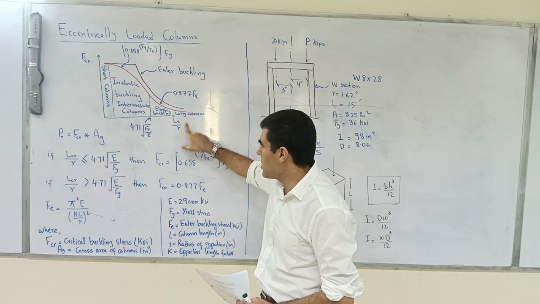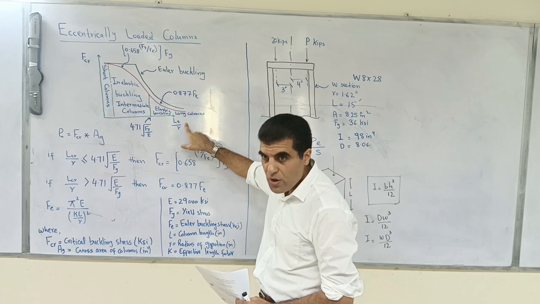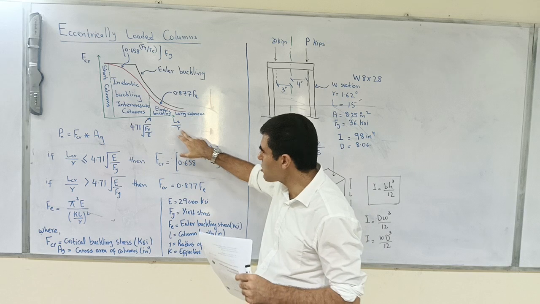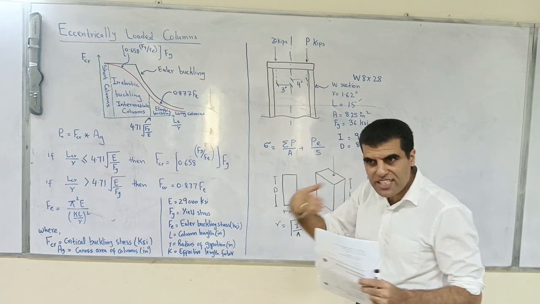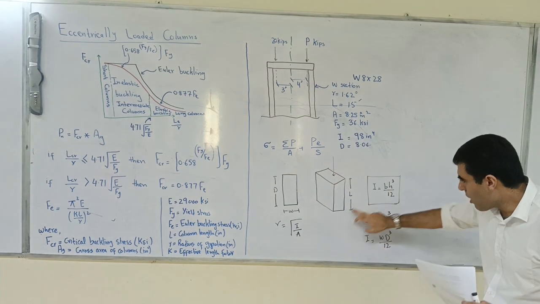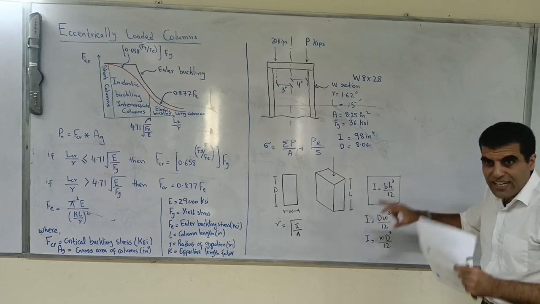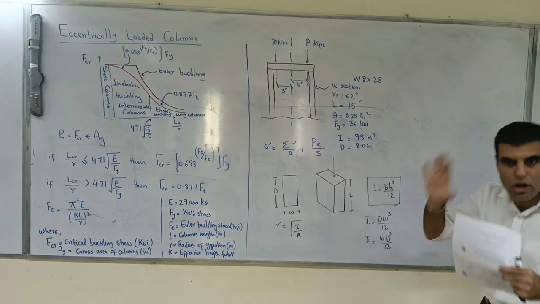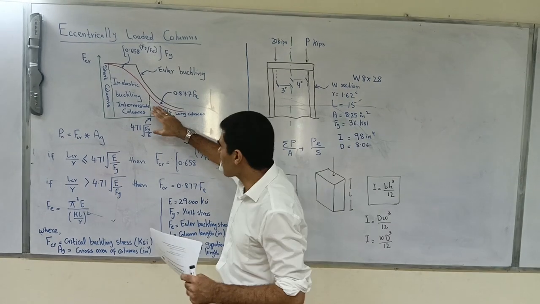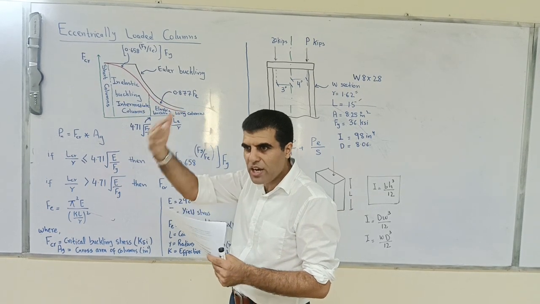LE by R is your slenderness ratio. If you keep on increasing your length as compared to R, in other words, if you keep on reducing your moment of inertia, we are making the column or compression member more susceptible to buckling, and our column is becoming longer and longer.